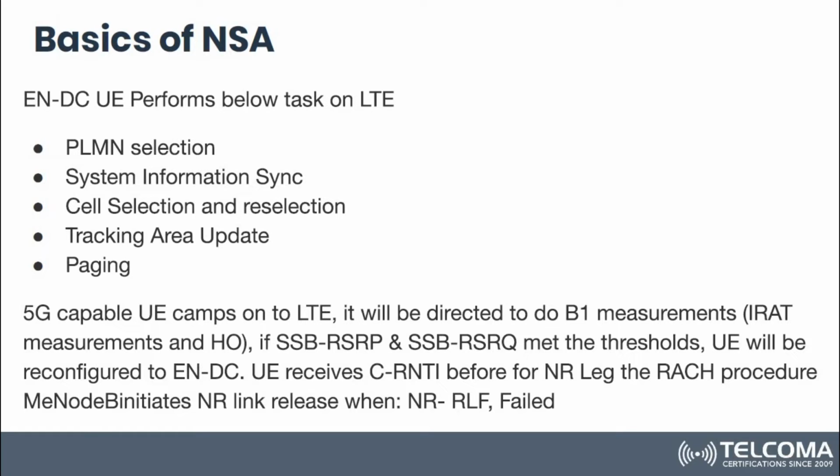Later on we'll go deeper into what SSB is, what their thresholds are, and what parameters are related to that. The UE will receive the RRC reconfiguration before the NR leg setup procedure is done. And if we want to release the NR leg, it could be because of radio link failure or some connection failure.